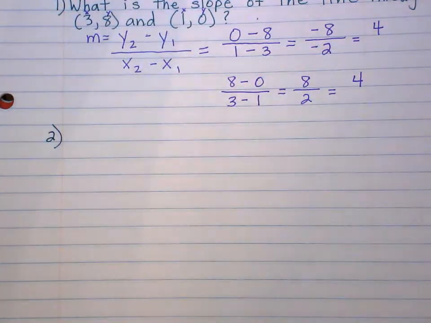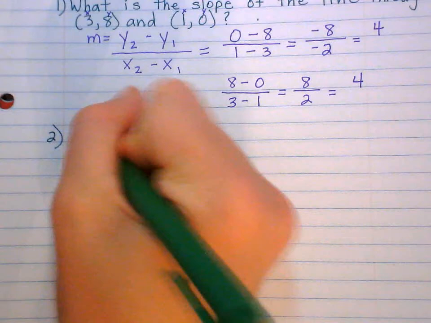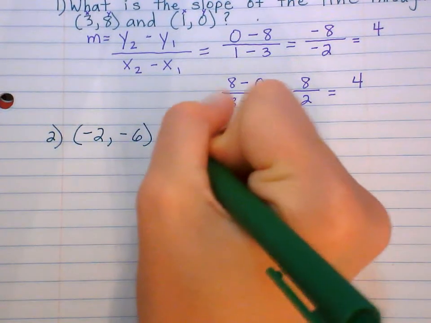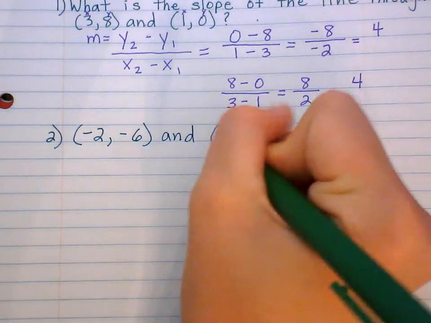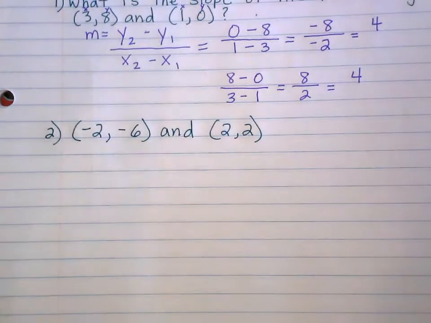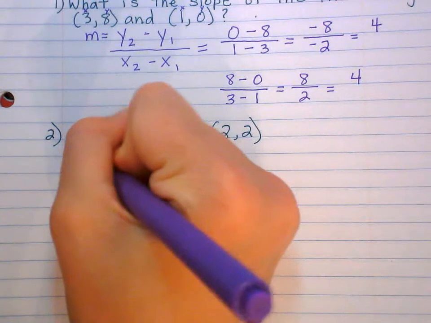Okay, so what's the slope of the line that goes through negative 2, negative 6, and 2, 2? Okay, so we need to find the slope using these 2 points. So the first step, just write down that equation.